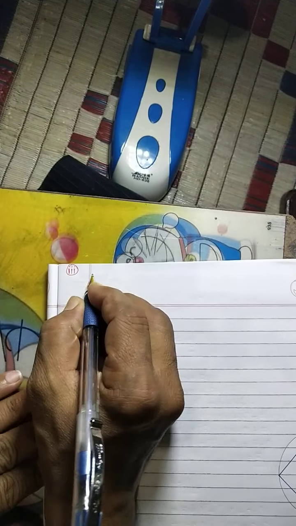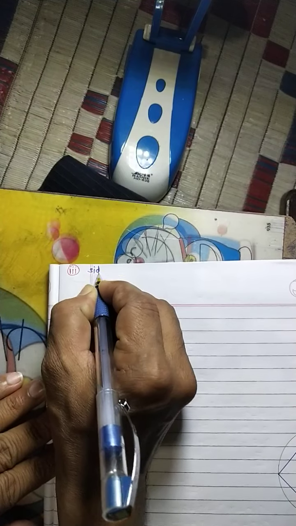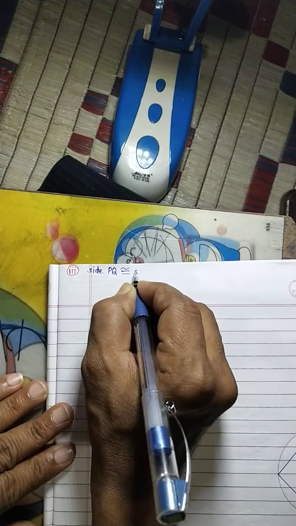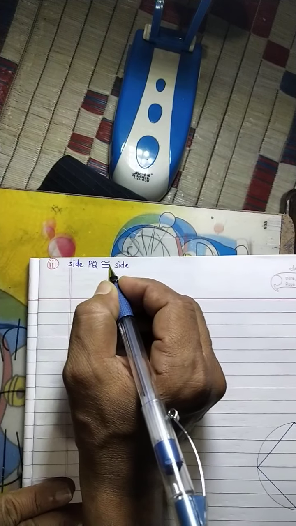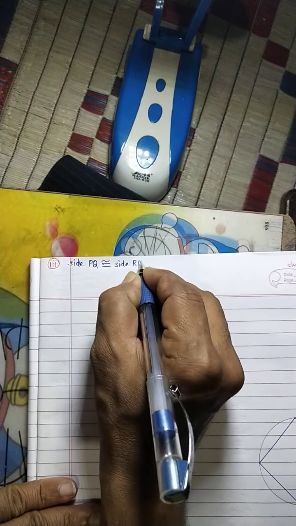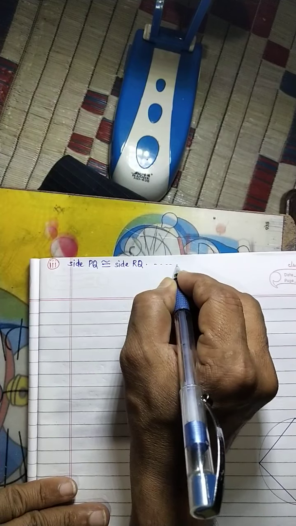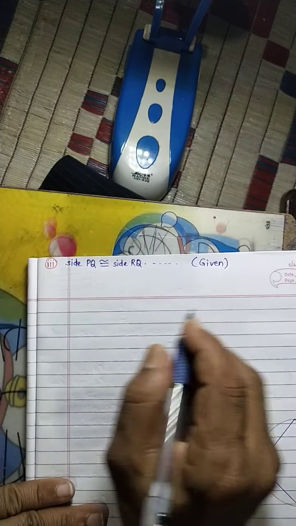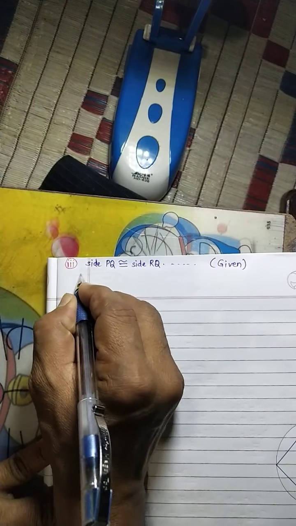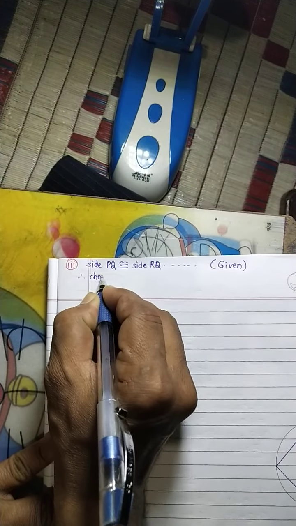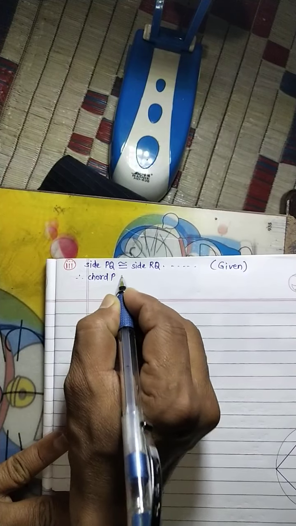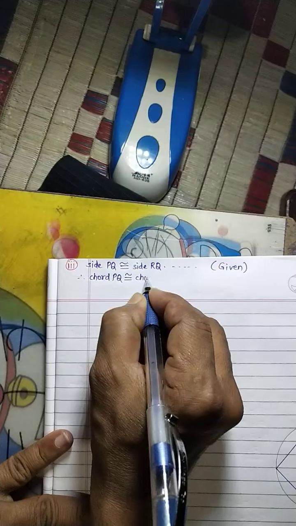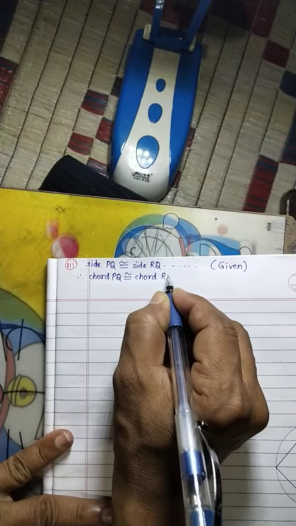Side PQ is congruent to side RQ, that is the given thing to us. So here the reason is given. So chord PQ is congruent to chord RQ.